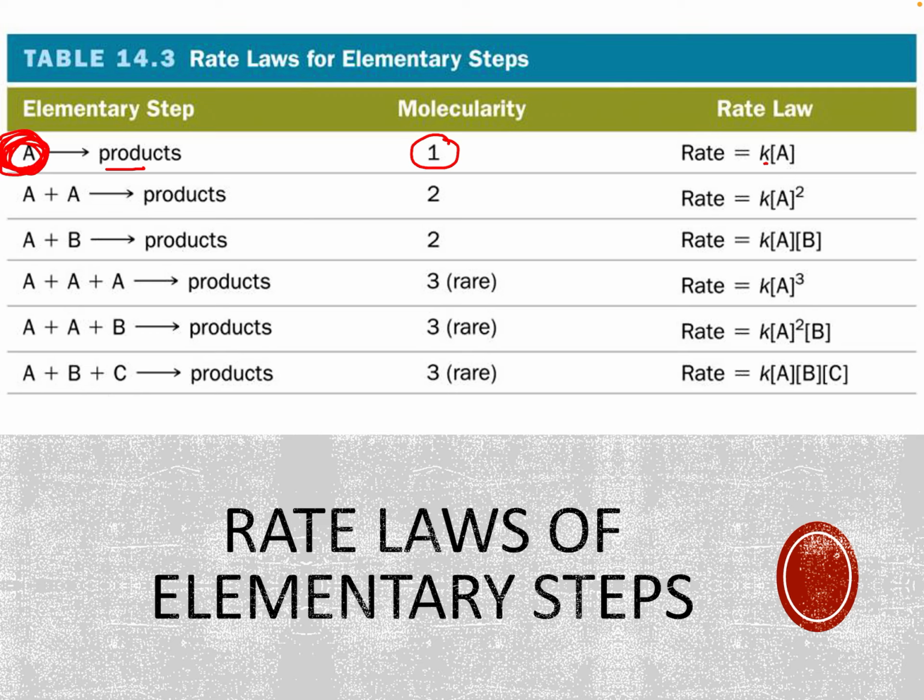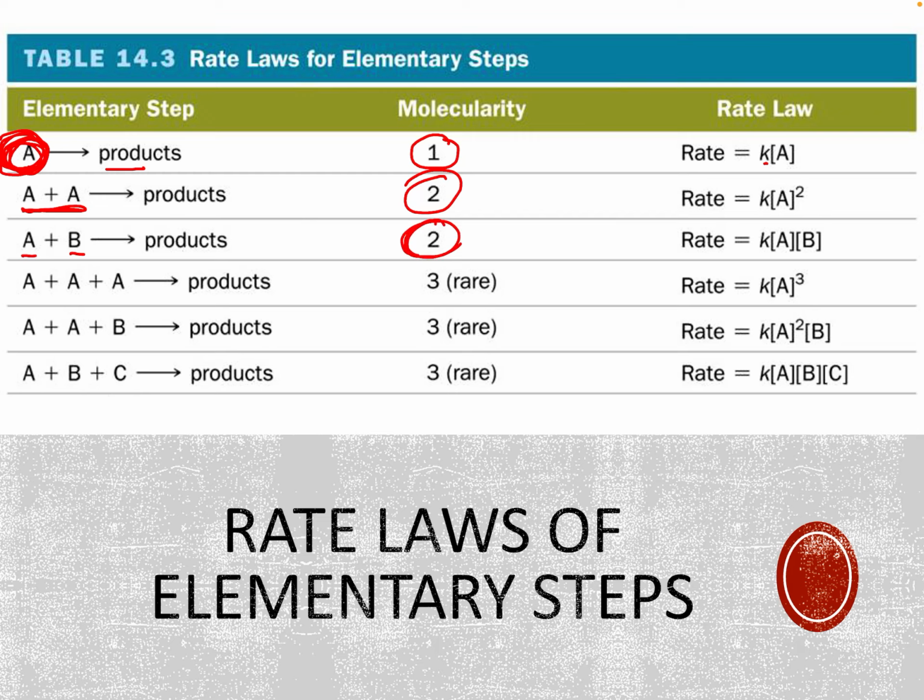In the next one, it's bimolecular, right? A plus A. There are two things reacting, and our rate is k[A]², because literally there are two A's. The next one, we have A plus B reacting.